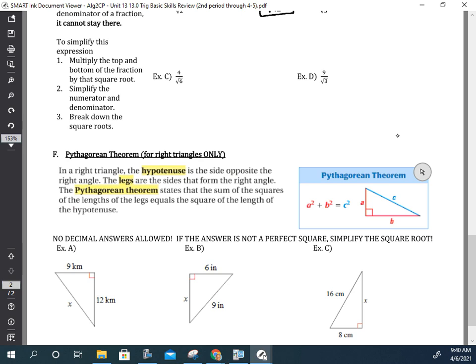So let us go ahead and look at part E, which is rationalizing the denominator. When it comes to rationalizing the denominator, the primary rule of thumb is this: you cannot have a square root at the bottom of a fraction.